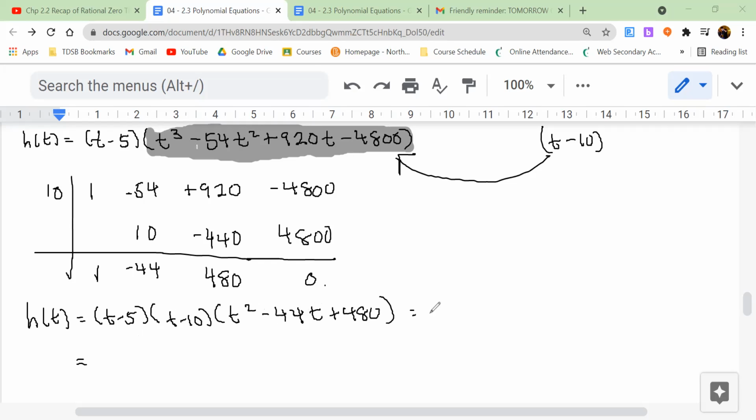So that's going to equal a 0, basically. Nope, this is factored: 1, negative 44, 480. The t minus 10 is already divided out.